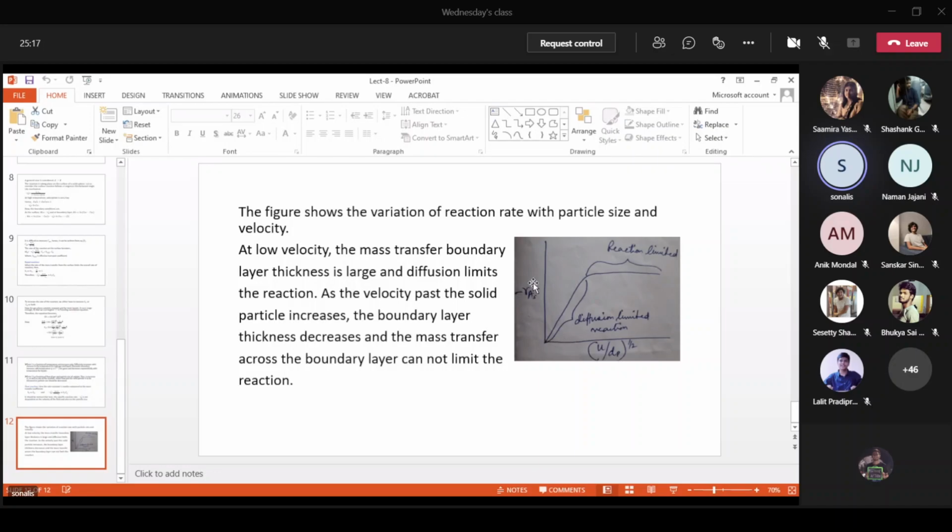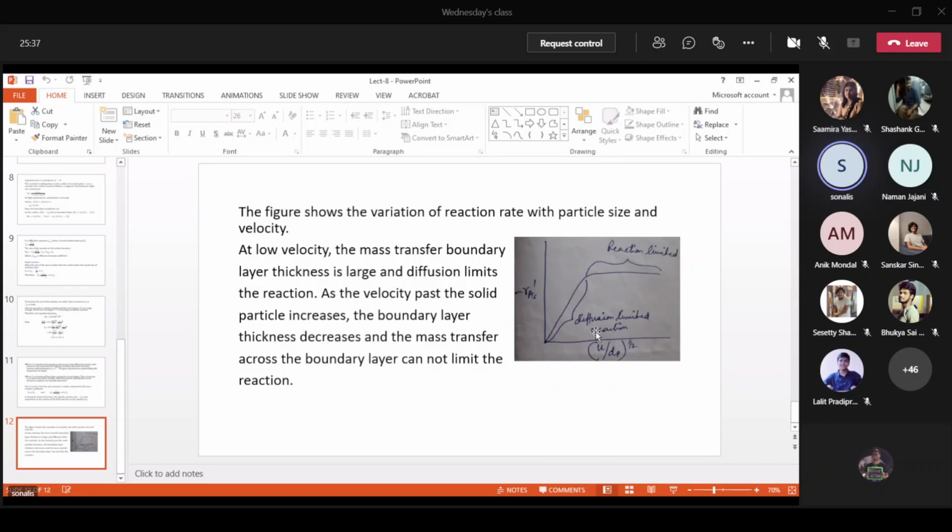So at the beginning, when it is a rapid reaction, the rate of the reaction is dependent on the velocity of the reactant and the particle size of the catalyst. Here you see this is the diffusion limited reaction.